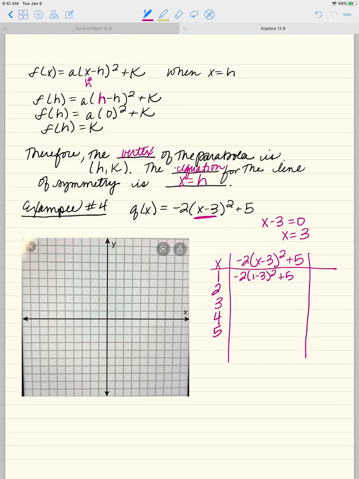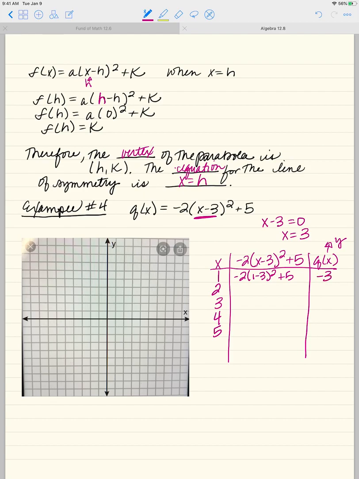And let's put this q of x here, which is synonymous with y. So 1 minus 3 in parentheses is -2. -2 squared is 4. 4 times -2 is -8 plus 5 gives us -3.